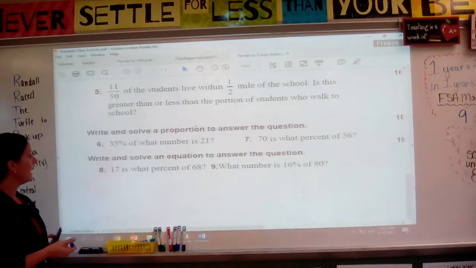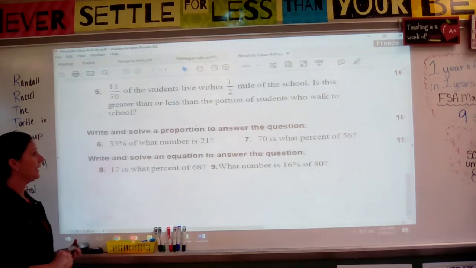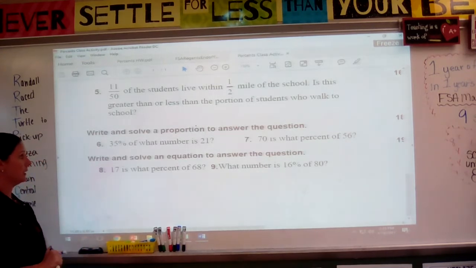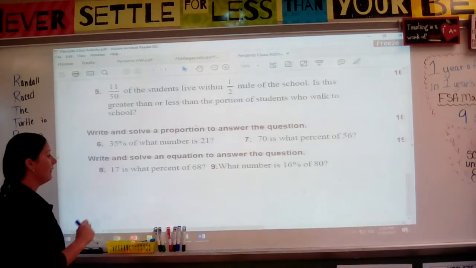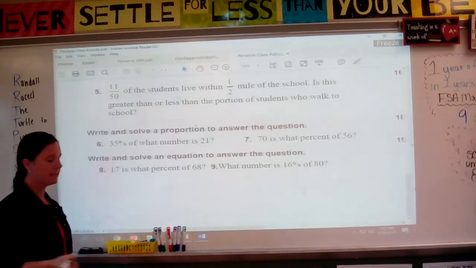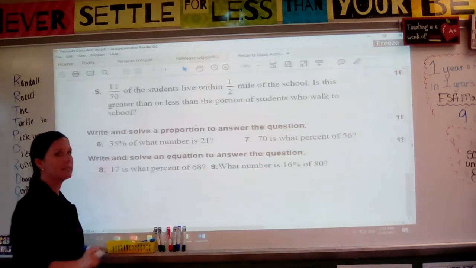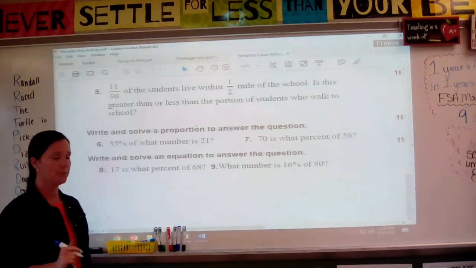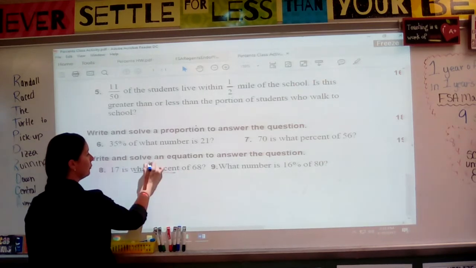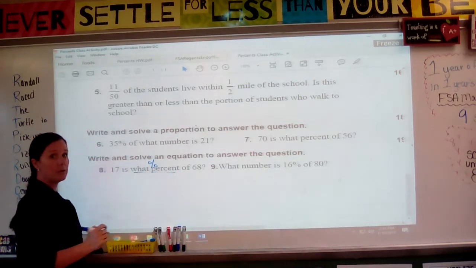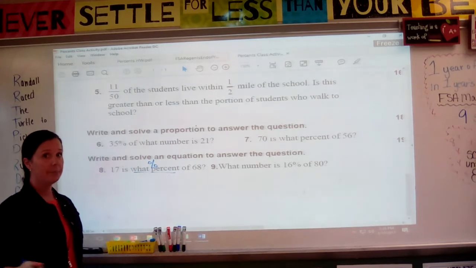Number 8 is asking us to write and solve an equation to answer the question. We need to know what percent 17 is of 68. First, we're going to set up the percent proportion, and then turn it into an equation. The very first thing I see is I don't know my percent, so that is going to be my percent in the percent proportion.